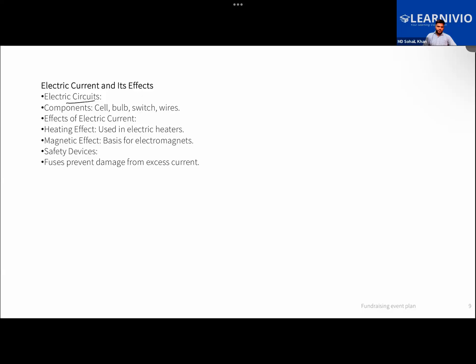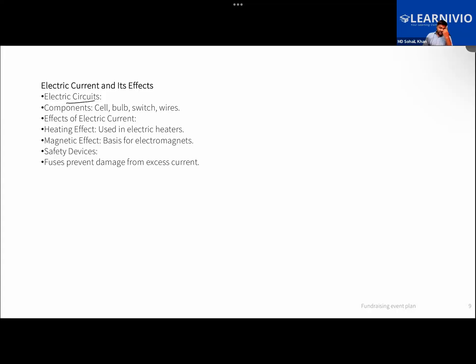Electric consisting components such as switch, bulb, electric cells, switch, and wires. Okay, that is electric circuit.